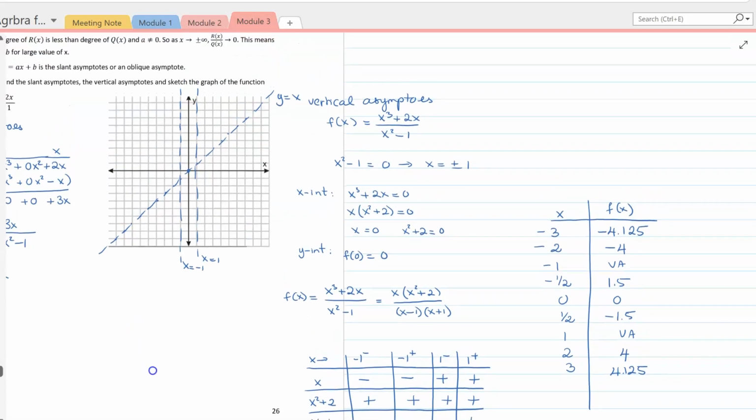So let's plot this on the graph. Negative 2, negative 4. Negative 3, negative 4.125.